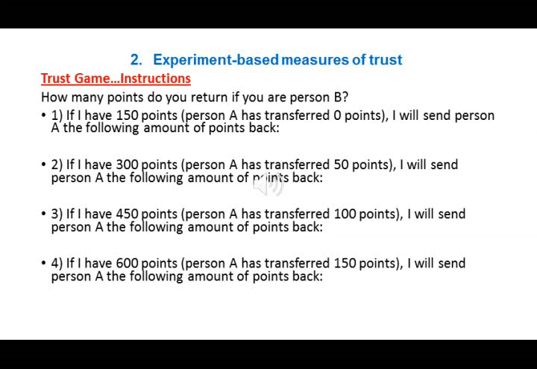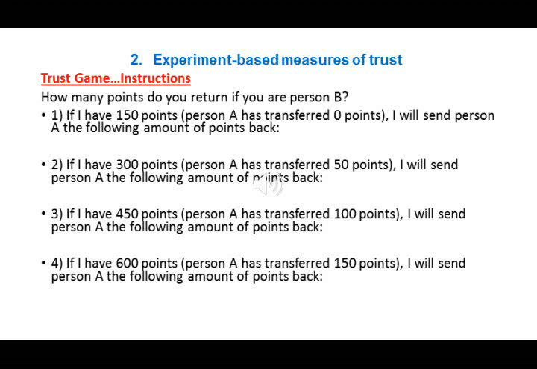So again, this is called a strategy method. Why are we asking the subject to play the two roles? Because he is not matched yet with the other person. And this will keep reflecting the idea of trust and trustworthiness. Why? Because we are asking him as A, how many points would you like to give to B?